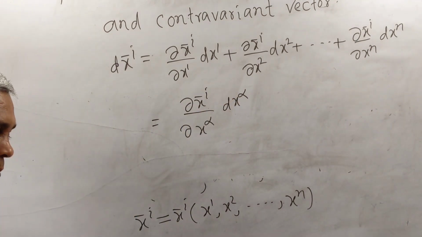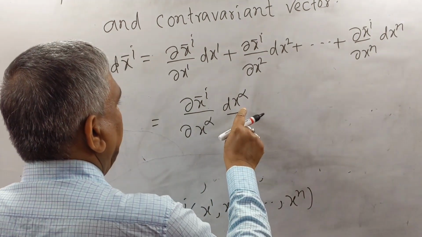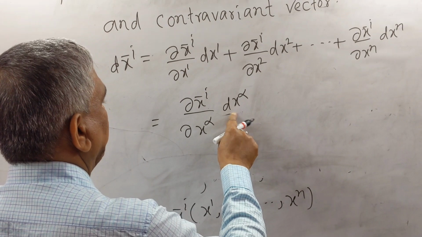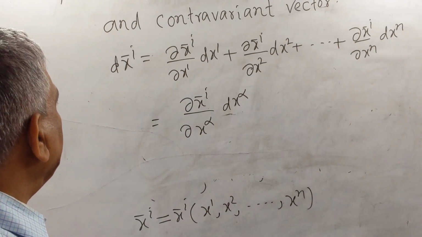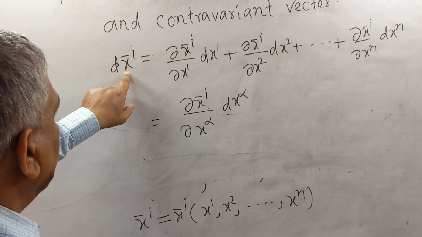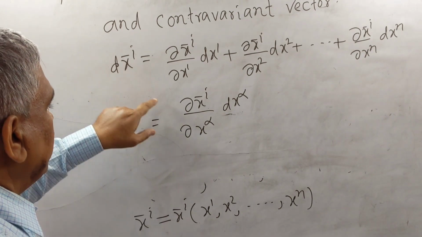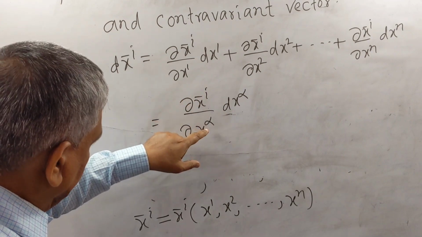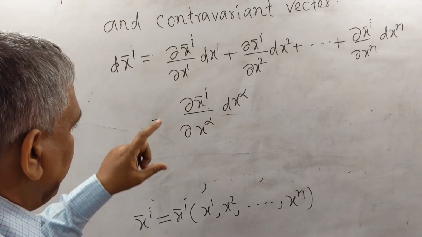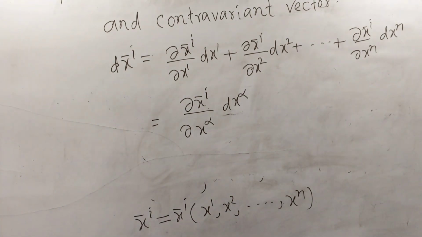So if we have knowledge of a small increment dx alpha in the x system of coordinates, we may find the small increment dx bar i in the x bar system of coordinates. Here del x bar i by del x alpha plays an important role in evaluating this.